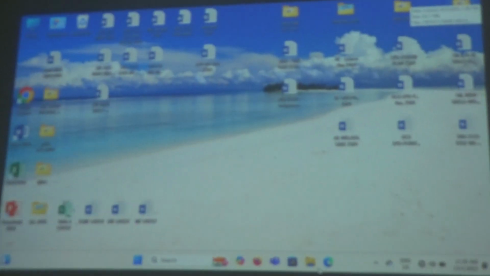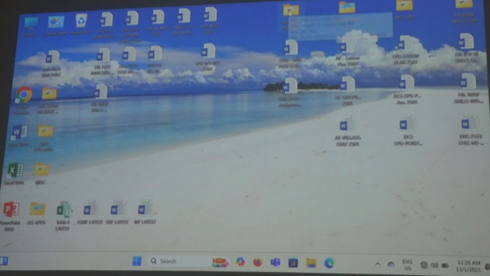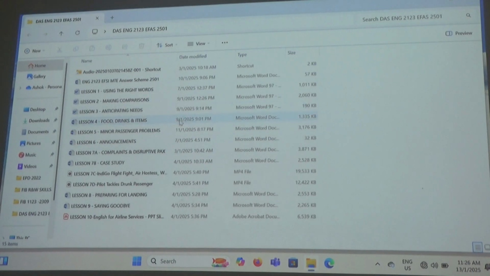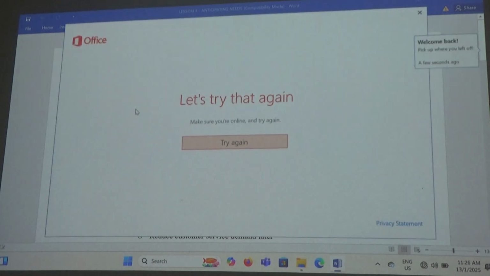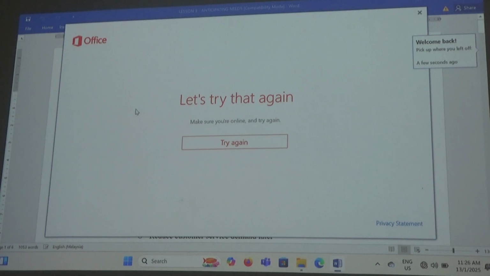Okay, and question 7. The bulk of your answers would be based on what we are going to study now. Is that okay? Alright, so focus on today's lesson, because that will be at least about 30 marks there. Okay, 30 marks here, so let's learn, let's focus, let's get ourselves ready so that we are ready not only for the exam, but we are also ready to serve as an airline cabin crew. Is that okay?